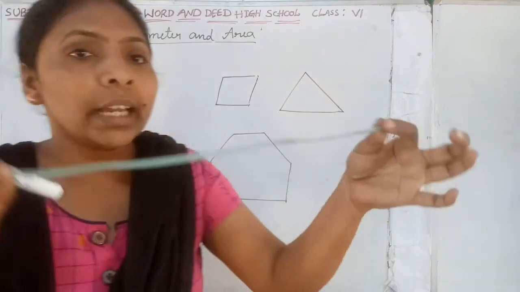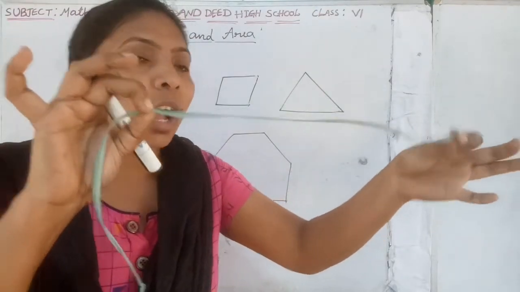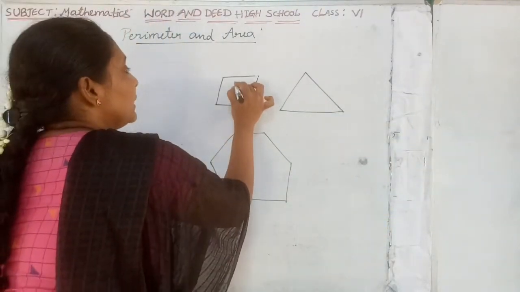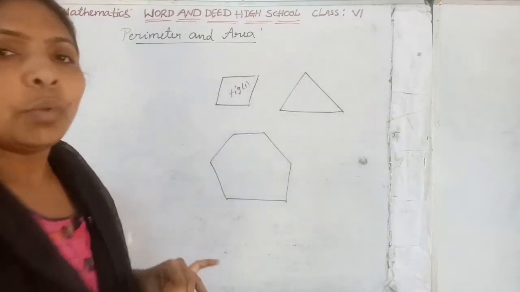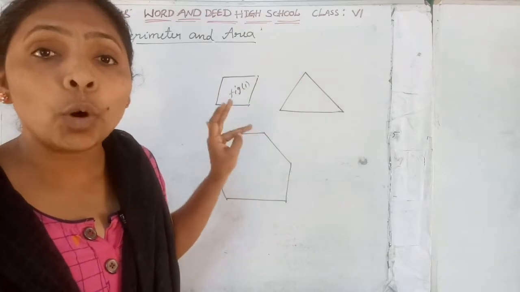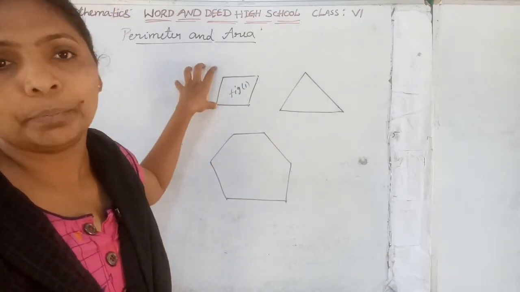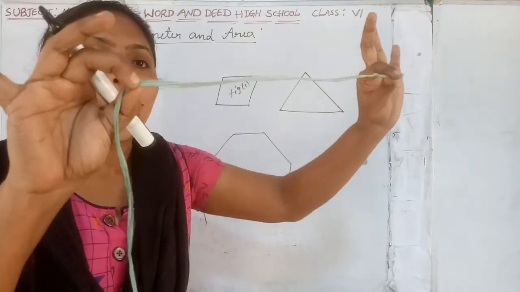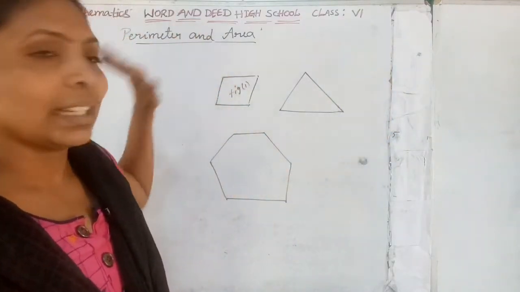So here to here is the length of the first figure. What we have done here, children? We are measuring the 4 sides of that particular figure. It is the perimeter of that figure.